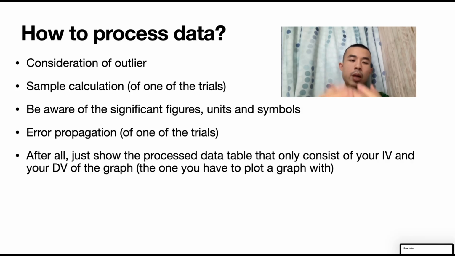And then you should have one of the trials to talk about how you use those data and to come up with the rate constant, or maybe natural log of rate constant, because later on the Arrhenius equation requires natural log k. Then throughout this process you need to list it down with a sample calculation.